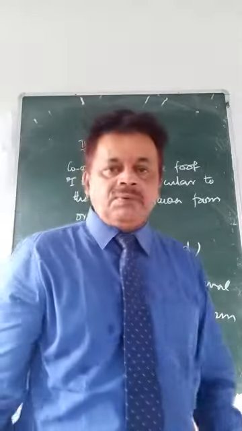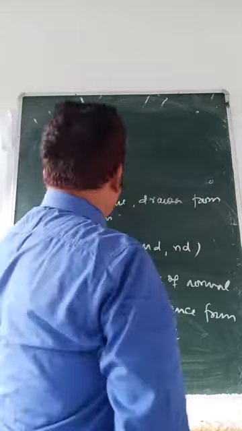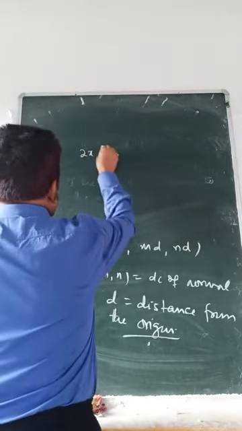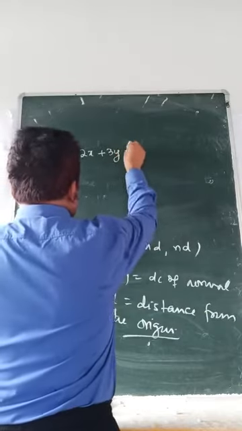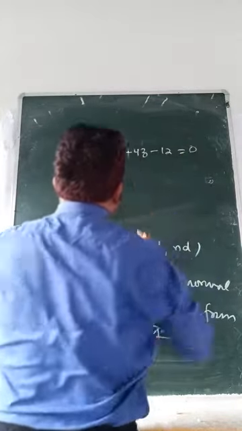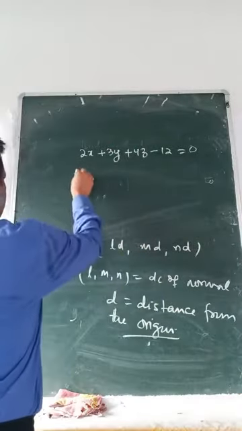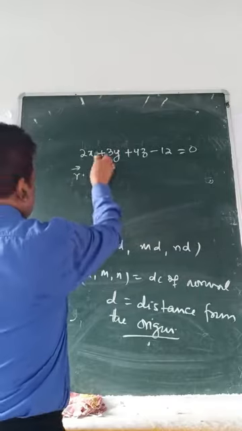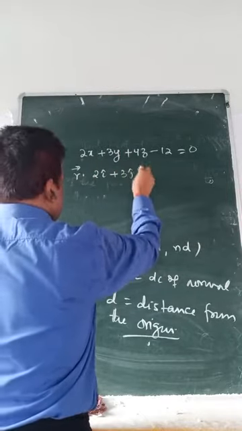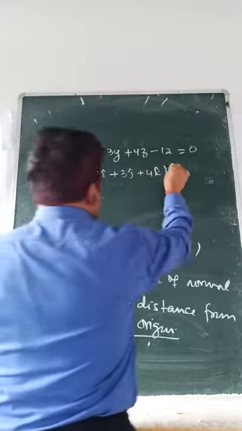Okay, let's do the same question based on this formula. So what is the question? 2x plus 3y plus 4z minus 12 equals 0. This was our question. So you can write r dot 2i plus 3j plus 4k equals 12.